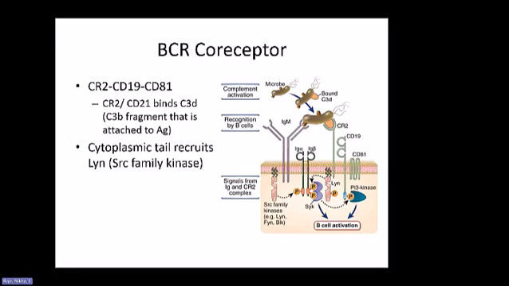Similarly, for B cells, LYN is the one that's going to phosphorylate the ITAMs on the signaling molecules, Ig-alpha, Ig-beta. There are similar enzymes like LYN called FYN or BLK. So LYN, FYN, or BLK will phosphorylate the ITAMs on Ig-alpha, Ig-beta. So that's the first step for B cell activation.